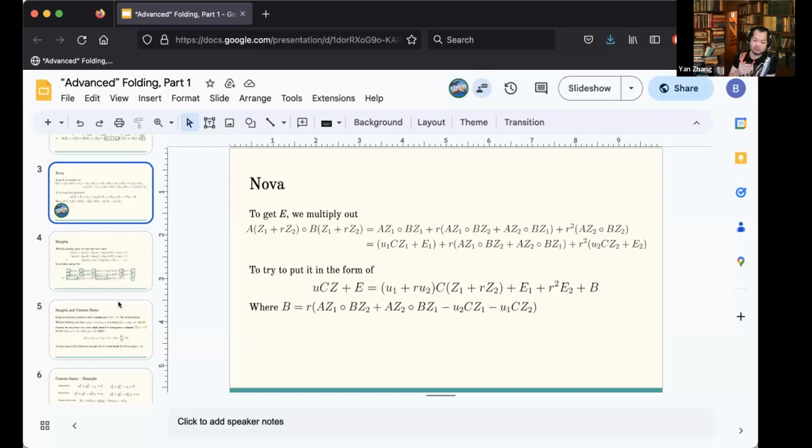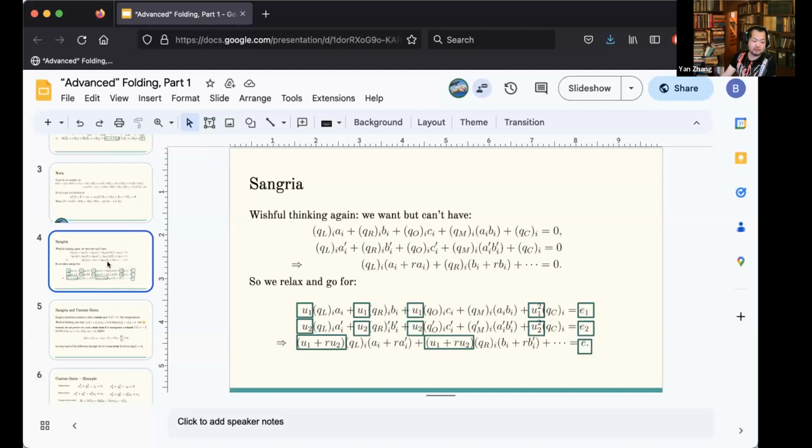And the error term is e1 plus r b plus r squared e2, where b is a linear term that captures how far the thing is from a linear function. So if you just follow the algebra, it looks like something like this. We can always come back here during the Q&A if people want to work through it in detail, but hopefully I sketched the main ideas.